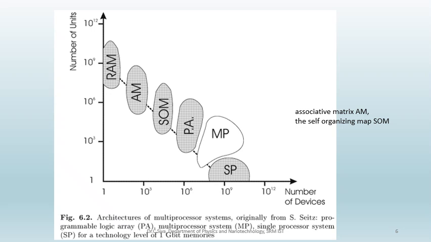On the right, an entire chip may be required to implement a full processor. In between, hybrid computing structures coexist, like CNNs, SOMs, AMs and systolic arrays. This diagram is useful for identifying which architecture fits best at nanoscale, where device count and wiring density become limiting factors.